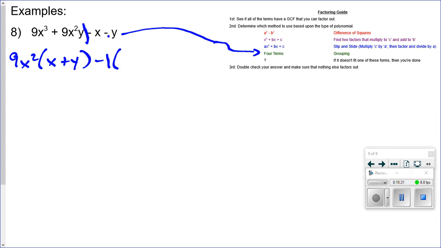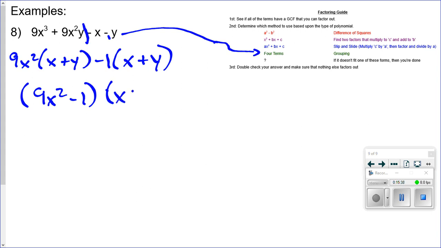Again, that's going to take these minus signs and change them into plus signs. So that leaves me with x plus y. So rewrite this as 9x squared minus 1 times x plus y.